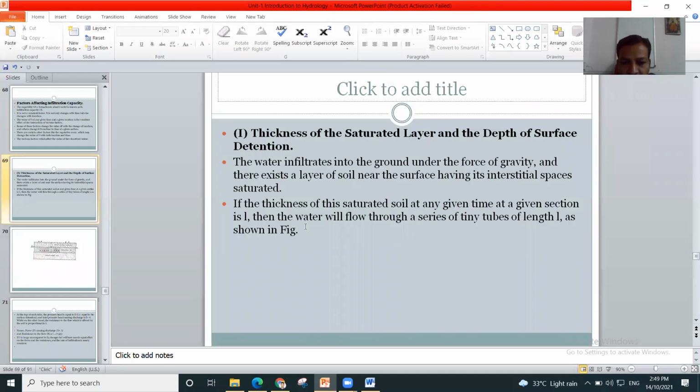It will infiltrate through the various layers of the soil. If the thickness of the saturated soil at a given time and at a given section is L, then the water will flow through a series of tiny tubes of length L.